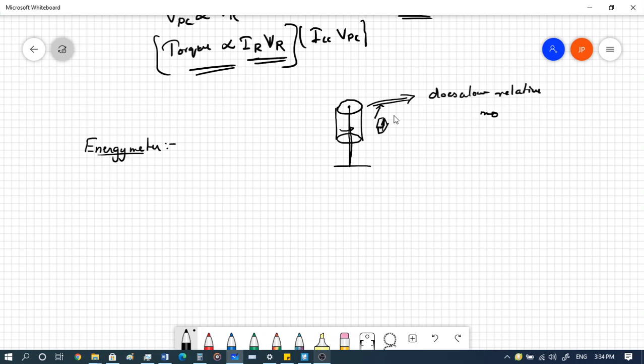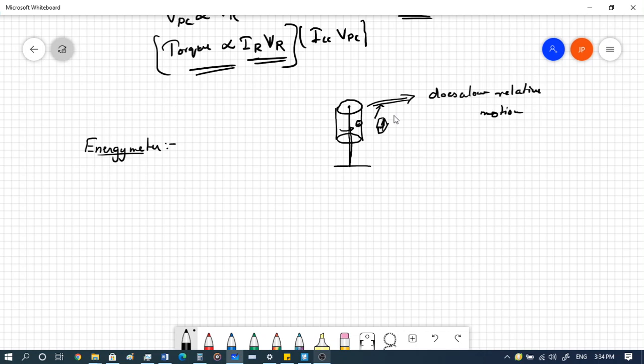If one is moving, there will be eddy current formation in the disc, and this will oppose the relative motion between the aluminum and the magnet. Even though aluminum is not magnetic, it will generate eddy currents in order to stop the relative motion.